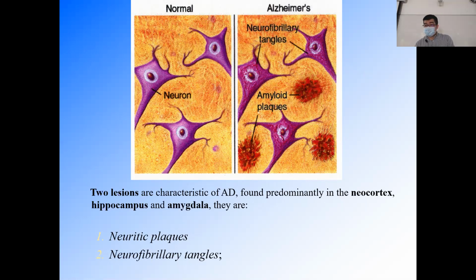Does AD only affect the brain or also affect other neuronal systems? The most obvious one is in the brain. But it's difficult to tell whether it also affects other neuronal systems. There is no report of studying the peripheral nervous system; mainly they look at the plaques.